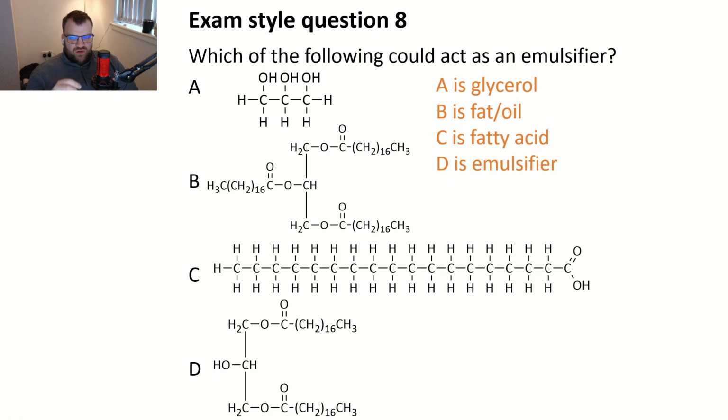B is a fat and oil with 3 long-chained hydrocarbons coming off of each section. C is a fatty acid, whereas D is an emulsifier because it has 2 long-chained hydrocarbon chains. It has 2 long-chain hydrocarbons and 1 hydroxyl group, meaning it can dissolve in both polar and non-polar substances, making D the correct answer for this question.